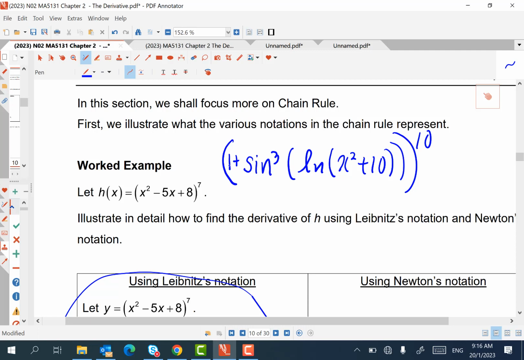Do you know that some books describe chain rule as what? Let me see if you can see this diagram and make out what this object is. No? In Malay it's called bawang, you know, like onion.